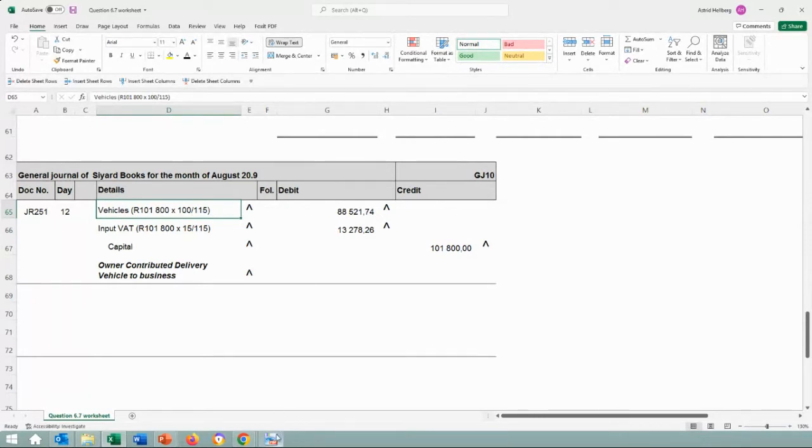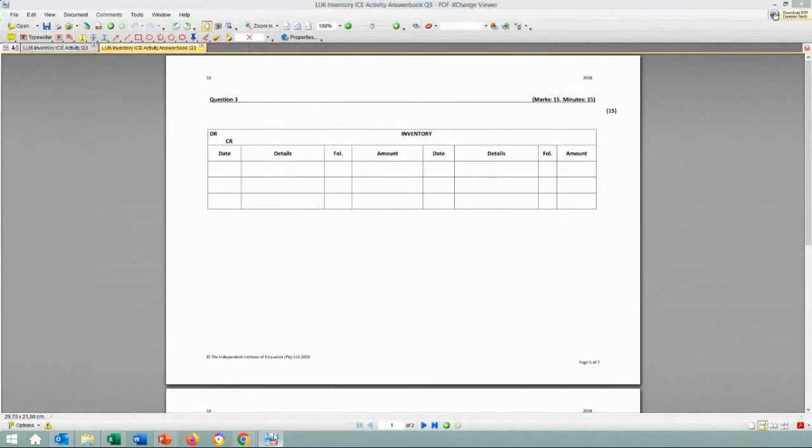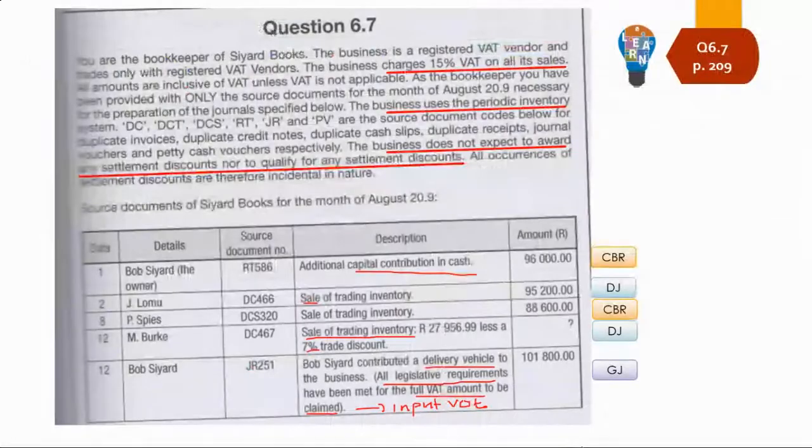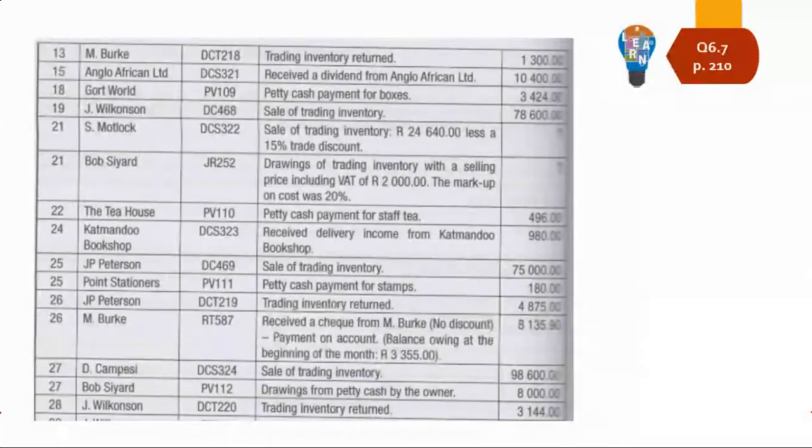Let's move on then to the next. Sorry, not that one. Okay, so on the 13th, Mberg returned some of the trading inventory to the value of 1,300. Where do we take any returns?